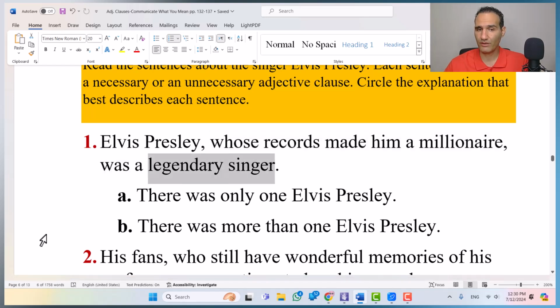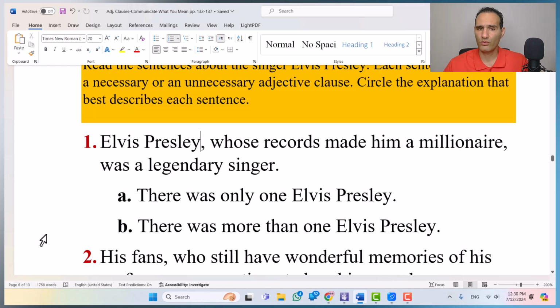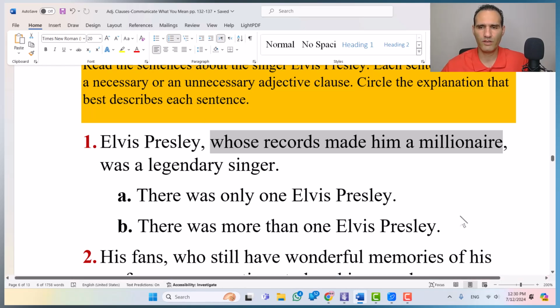So a legendary, beautiful adjective. The commas here, what do they show? Do they show that there was only one Elvis Presley or there was more than one? Of course, there was only one. Why? Because the adjective clause is unnecessary, and when it is unnecessary, we mean only one person in the group.